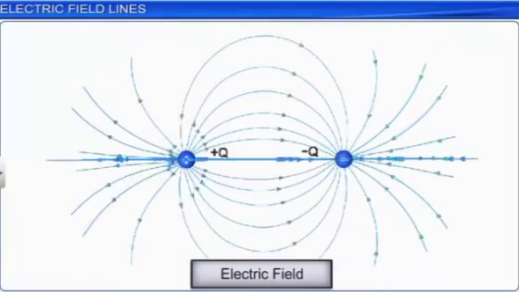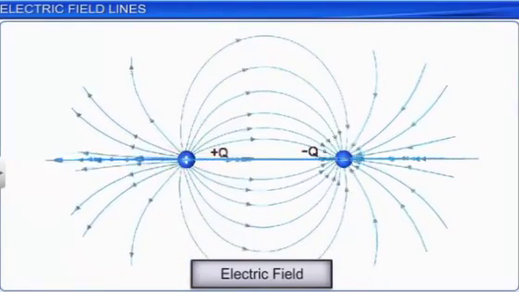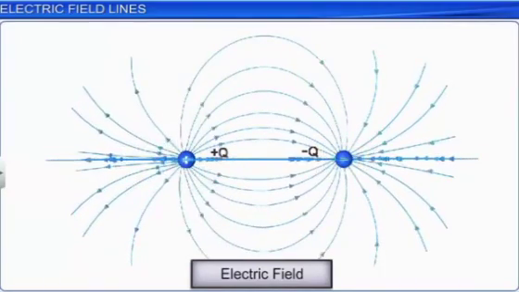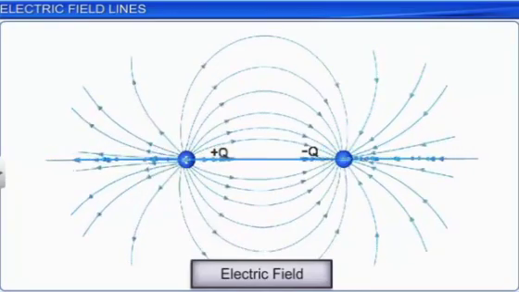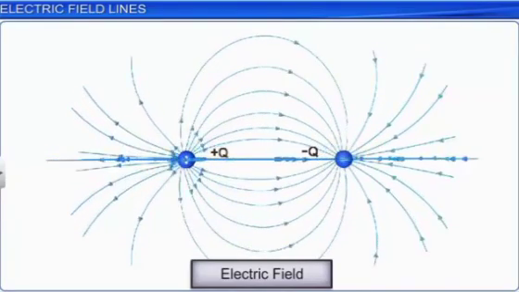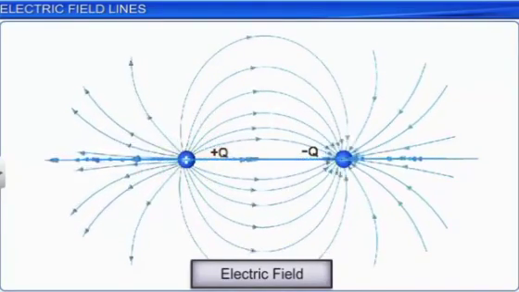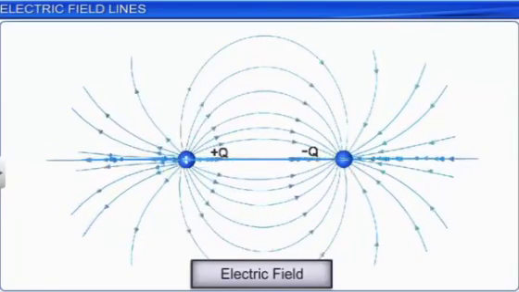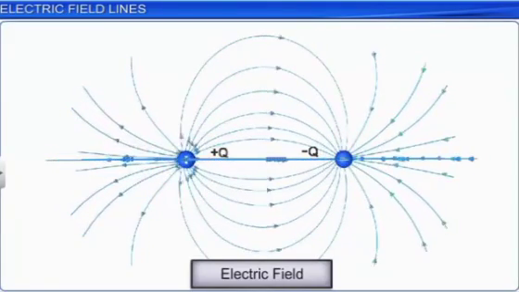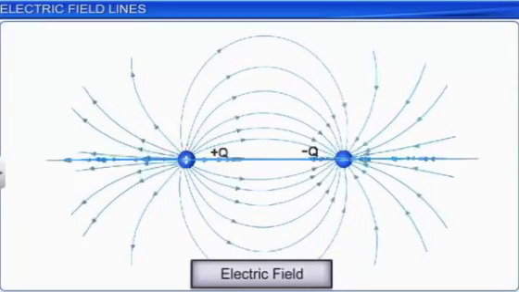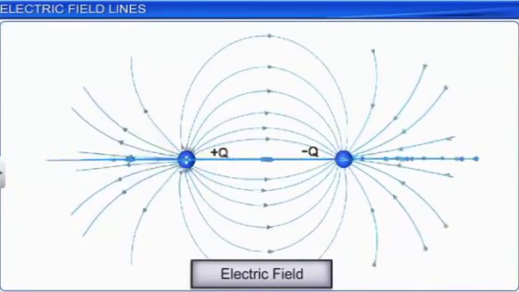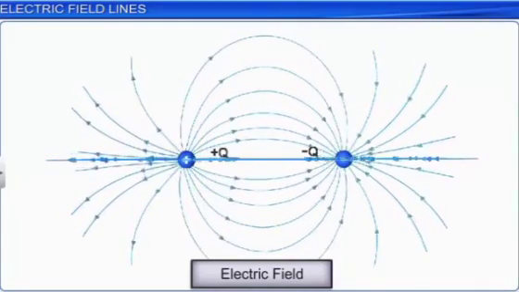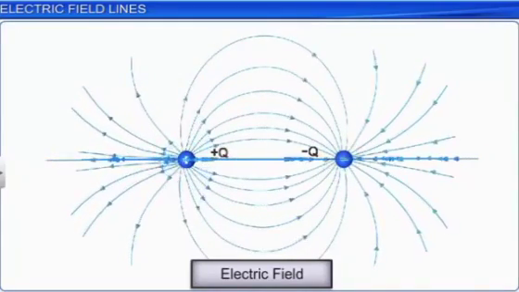The electric field lines also help us in visualizing the electric field of a dipole consisting of charges plus q and minus q. We observe that the electric field lines for an electric dipole are continuous lines extending from the positive charge to the negative charge. From the field lines, we see very clearly the force of attraction existing between the system of charges in the dipole.